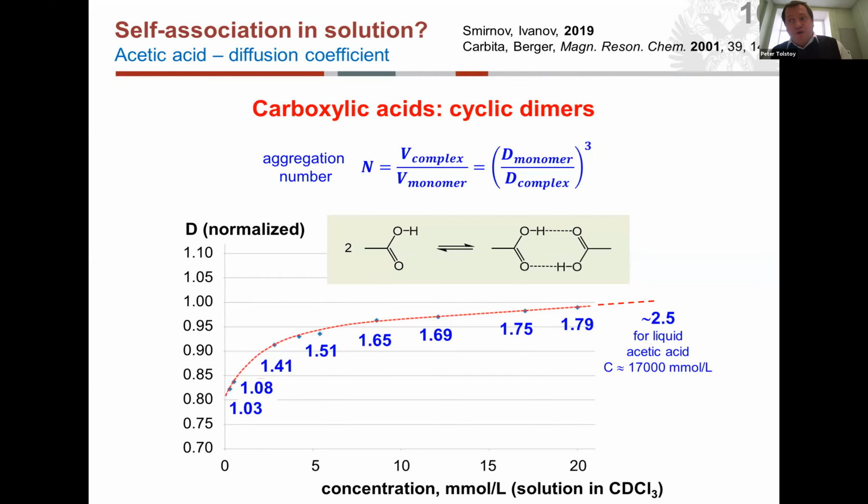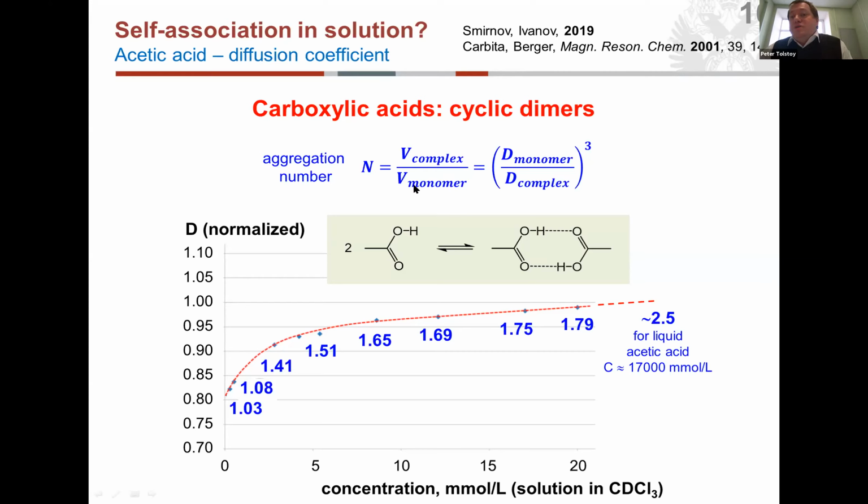This is not the method we have used in the work I'm going to present, but I'm showing it for the kind of completeness. It can be shown on the example of carboxylic acids, which we all know already tend to form cyclic dimers, but still, here's the idea. One can estimate the aggregation number of this molecule by dividing the volume of the complex by the volume of the monomer.